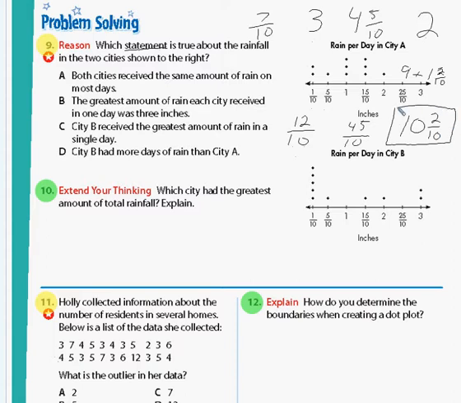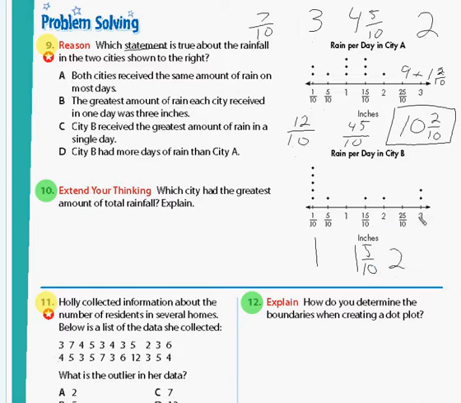City B. Okay, I've got 5 days right here where it rained 1 tenth, and 1 day where it rained 5 tenths. 5 tenths plus 5 tenths is 10 tenths, same thing as 1. Then I had 1 day where it rained 15 tenths, which is the same thing as 1 and 5 tenths. Had 1 day where it rained 2 inches, right here.